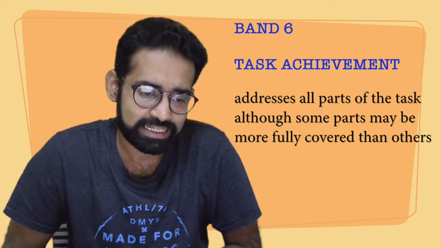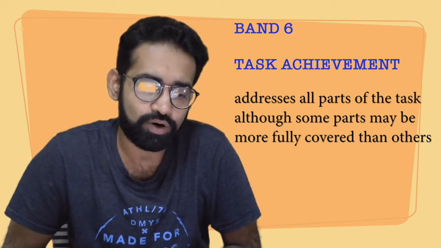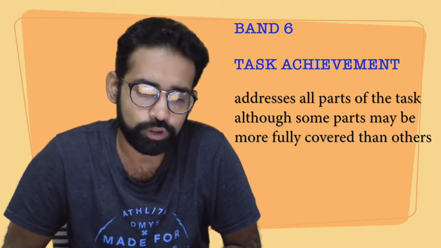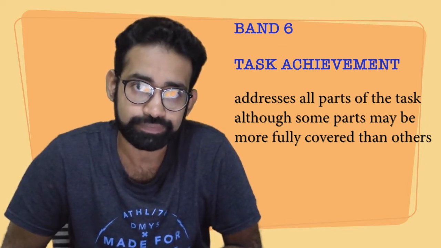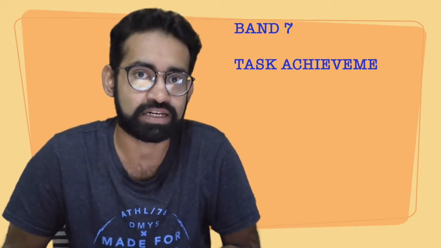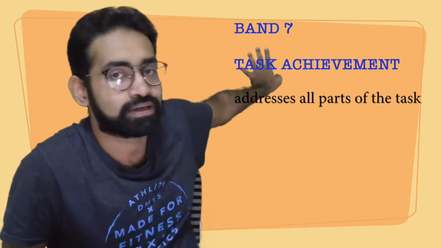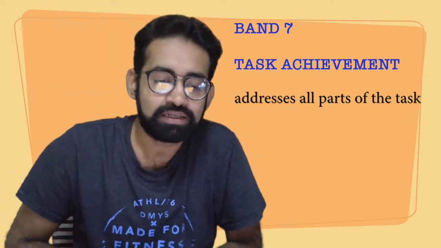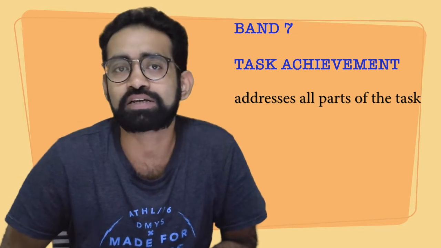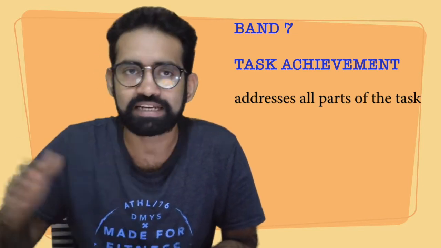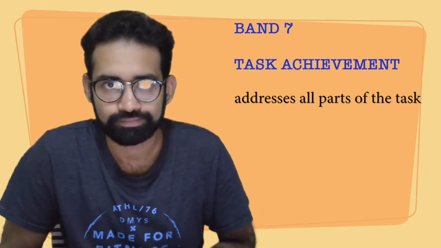For band 6, the candidate has addressed all the parts of the task, although some parts may be more fully covered than others. Now let me take you to the same point for band 7. Here, for band 7, it's simply written, addresses all parts of the task. There's nothing in continuation, that's all.